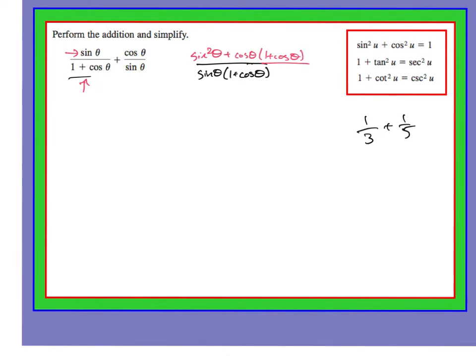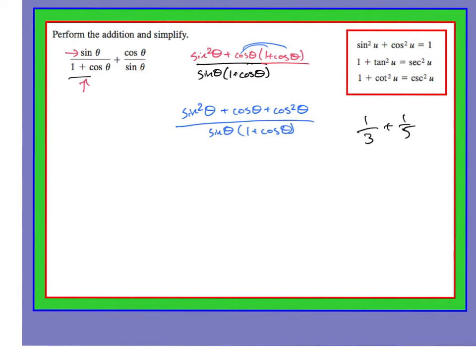So now I'm going to distribute the top: I end up with sine squared theta plus cosine theta plus cosine squared theta. Then leave the bottom in factored form. Don't distribute the bottom most of the time, unless it's a conjugate.